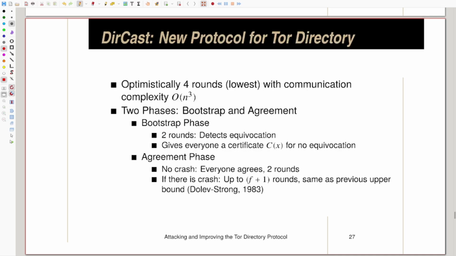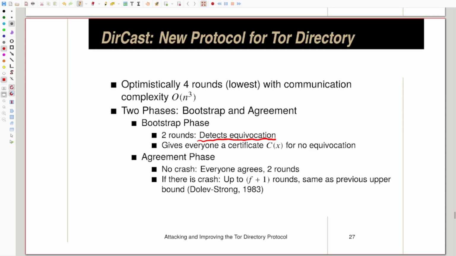With these goals in mind, we designed DiceCast, which optimistically has 4 rounds with a communication complexity of n cubed. It uses 2 phases, a bootstrap phase and an agreement phase. In the bootstrap phase, we try to weed out equivocation and give everyone a good-behaving certificate for not having equivocation.